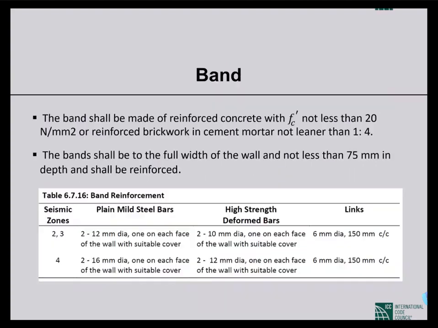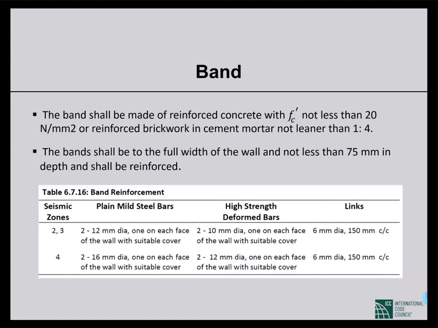And bands, we have to place some concrete sections at some locations. These are called bands, some reinforced concrete sections. The band shall be made of reinforced concrete with fc prime not less than 20 megapascal, or reinforced brickwork in cement mortar not leaner than 1:4, that is M2.